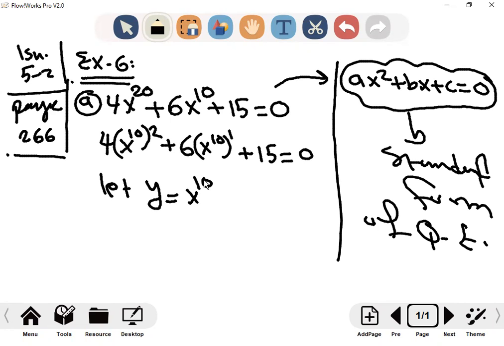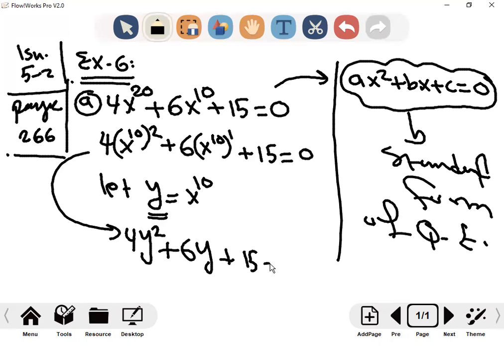Let y be what? X to the power of 10. What will this equation be now? Replace x power 10 by y. This will be 4 y power 2, right? Plus 6 y power 1, 6y plus 15 equal 0.